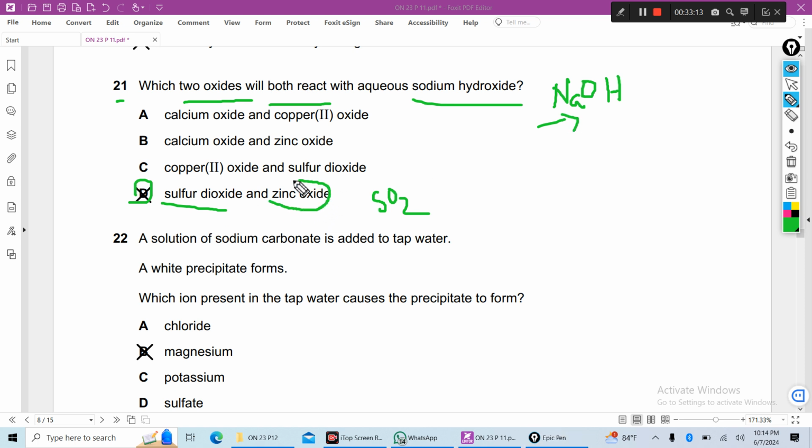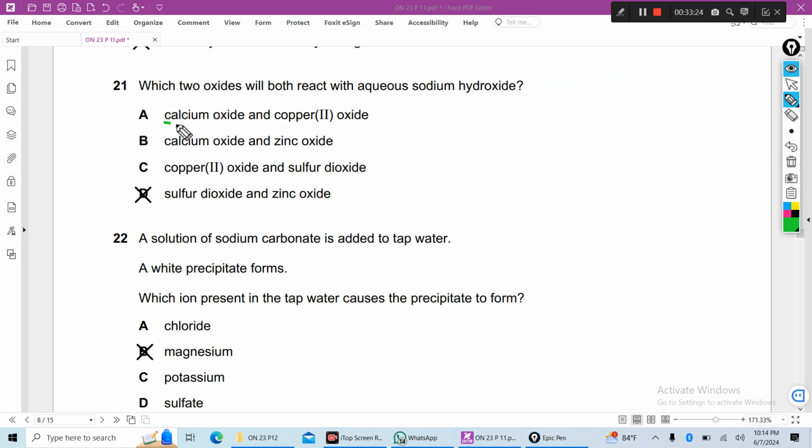And zinc oxide, a metal oxide, is an amphoteric oxide, that's why it will react with sodium hydroxide. But calcium oxide, a metal oxide, is a basic oxide, it will not react with base or alkali. And copper(II) oxide is also a basic oxide. So this is the right answer.